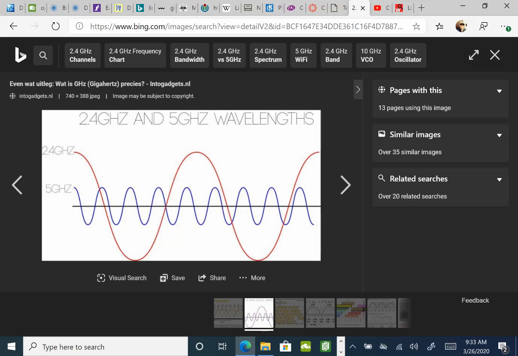And so the 5 gigahertz signal, while it can carry more data and is basically faster for us to use, can't go through walls or objects the way 2.4 can. And 900 megahertz, which is what a lot of the standard in-home phones use, can go through walls very easily.